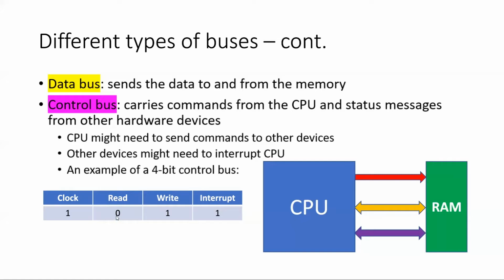When it is set to 0, it means that no data is being read. And we have another flag here, which is write. When it is set to 1, it means that now we are writing data to memory. And this last flag here is for interrupts. When it is set to 1, it means that we have some interrupt from some hardware connected to the computer.